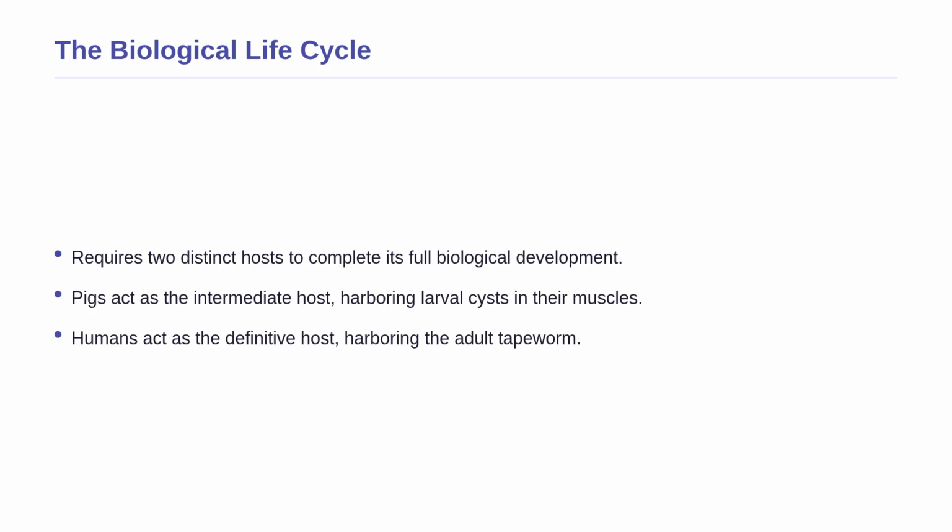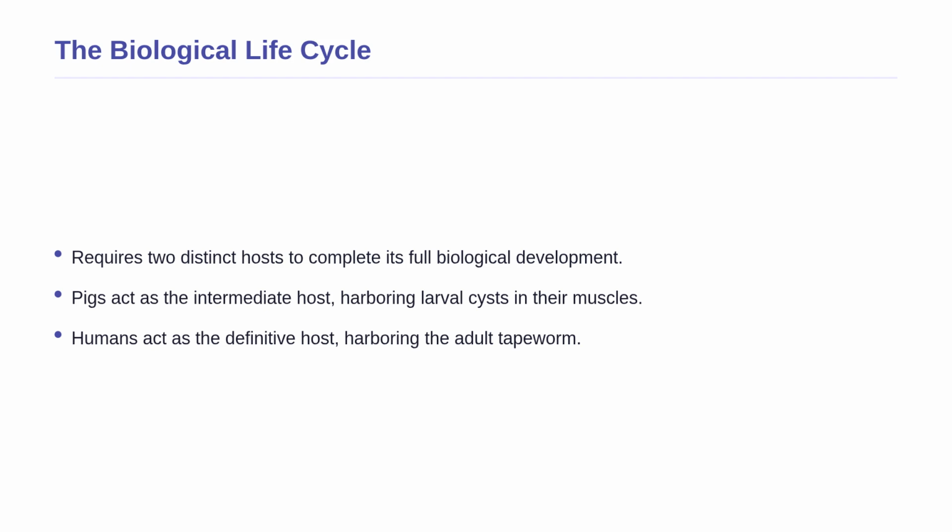Building on our knowledge of its anatomy, we must examine how this parasite survives across generations. Taenia solium is a zoonotic flatworm, meaning its life cycle inherently links animals and humans. It strictly requires 2 different hosts to complete its development.